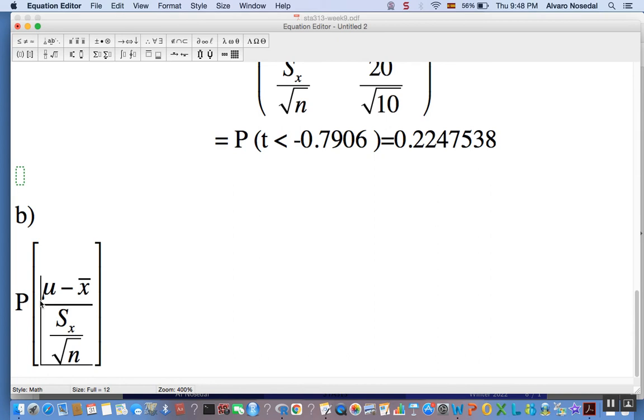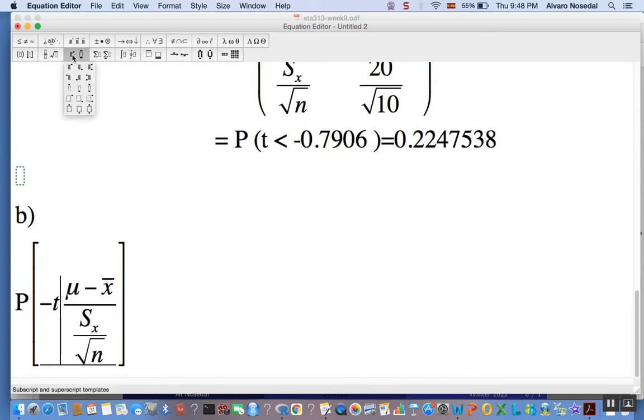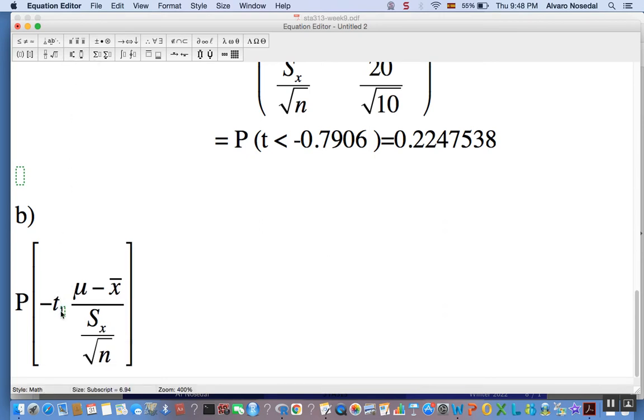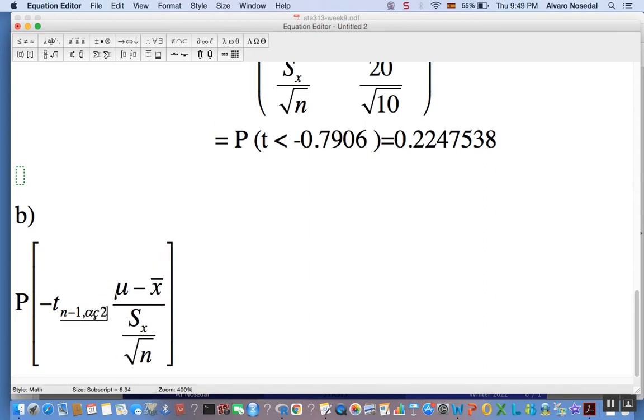If we're talking, in general, about the 1 minus alpha credible interval, what we want is to use critical values, numbers coming from a t distribution with n minus 1 degrees of freedom, such that the area to the left of this one is alpha divided by 2.